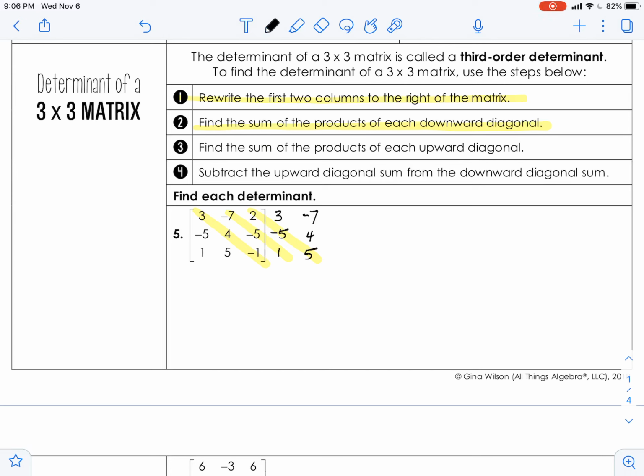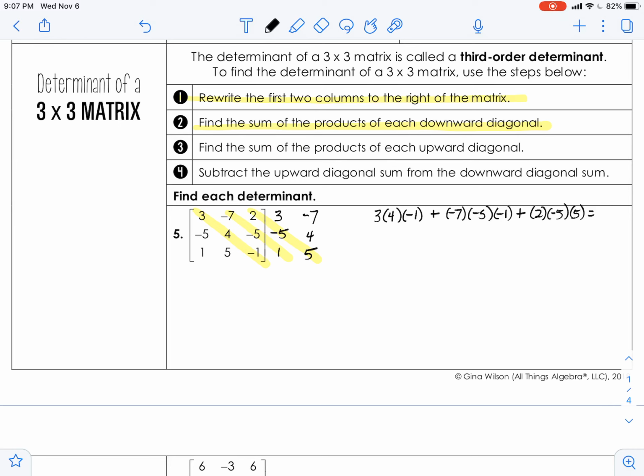I am going to multiply 3 times 4 times a -1 plus -7 times a -5 times a -1 plus 2 times a -5 times 5. Okay, so that is going to be my first step.